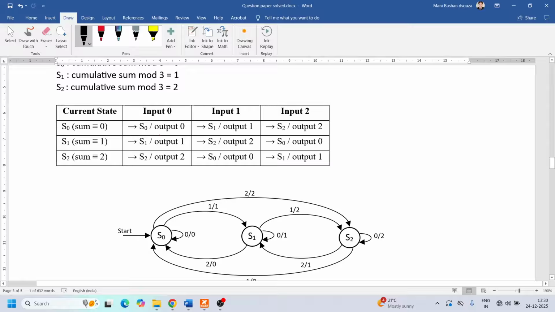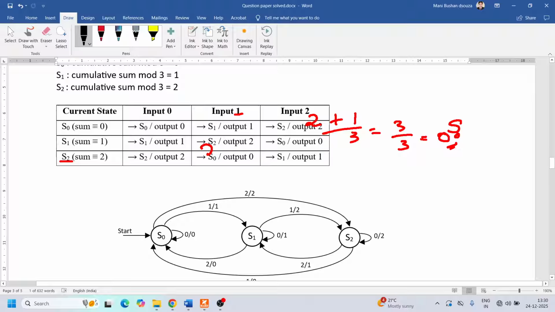Next one, let us look at the next one. You are in the S2 state, you give 1 as an input. So this is going to be 2 plus 1. Your current sum is 2. 2 plus 1 divided by 3. This is 3 by 3. 3 goes one time. 0 is the remainder. That means you are in the S0 state.